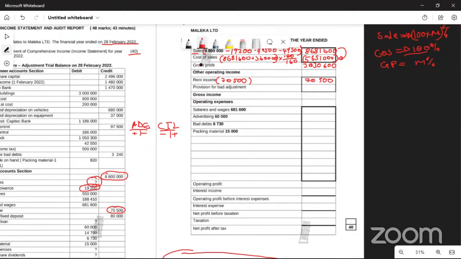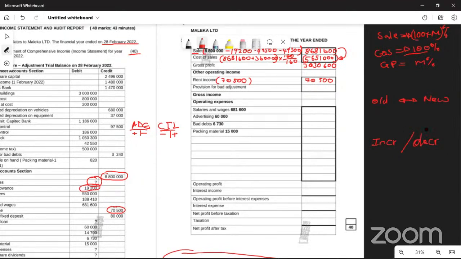Then we go for the provision for bad debt. What are we really looking for? You are checking your old versus your new provision for bad debts. You are checking for an increase or a decrease on your provision for bad debt.